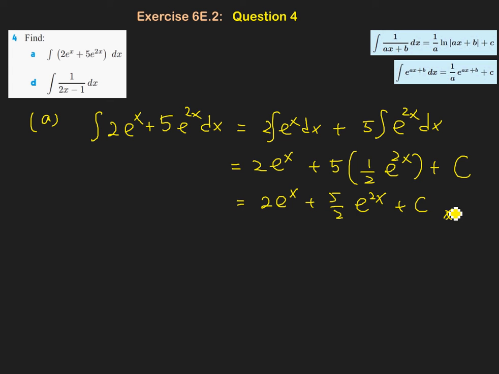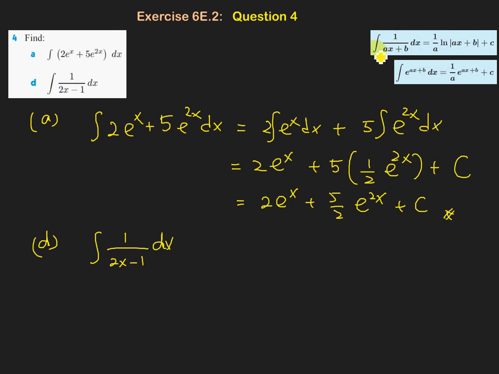Right? And this one, D, is a bit tricky. If you look at this carefully, we can use this formula to help us.